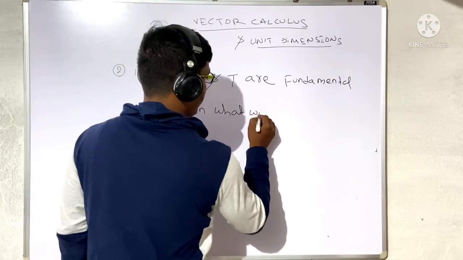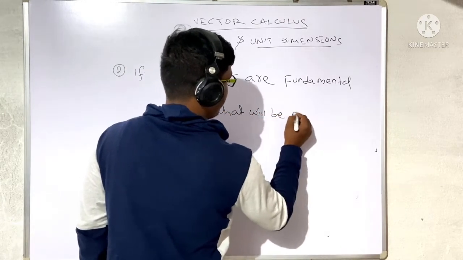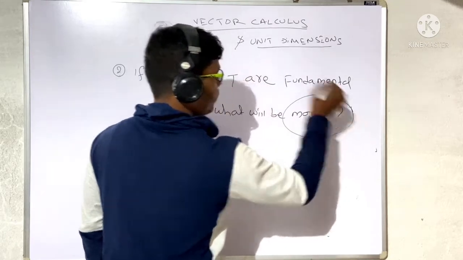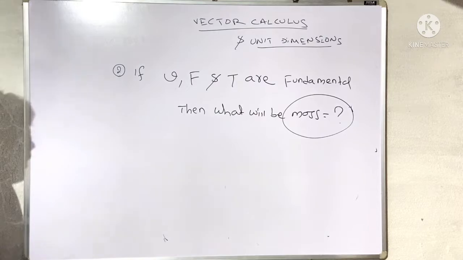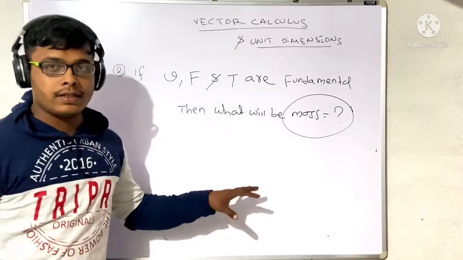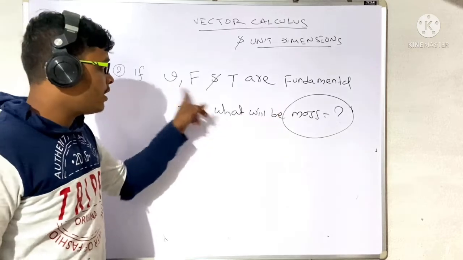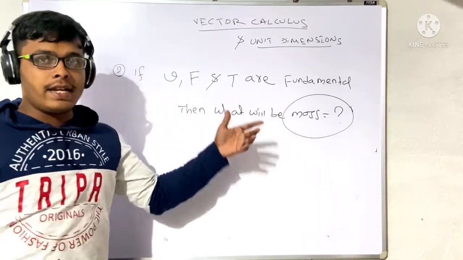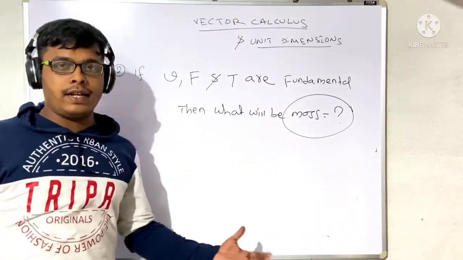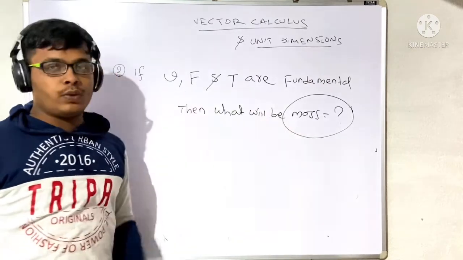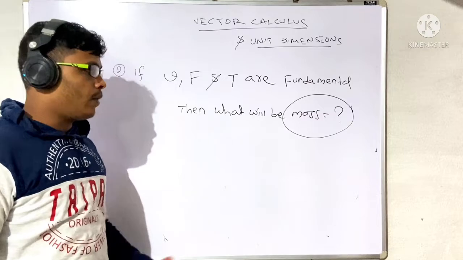What will be the formula of mass? So he is asking how we can get the relation of mass using these 3 terms. That means how mass is related to these 3 fundamental quantities.